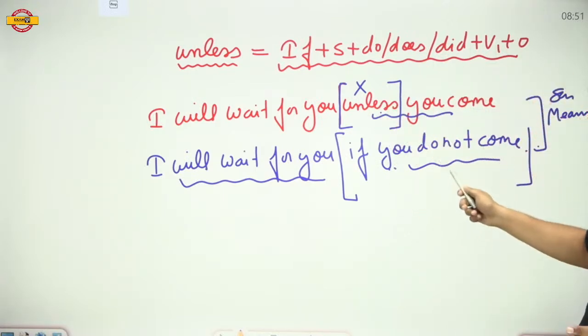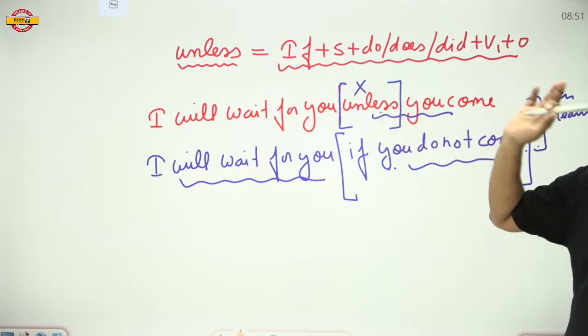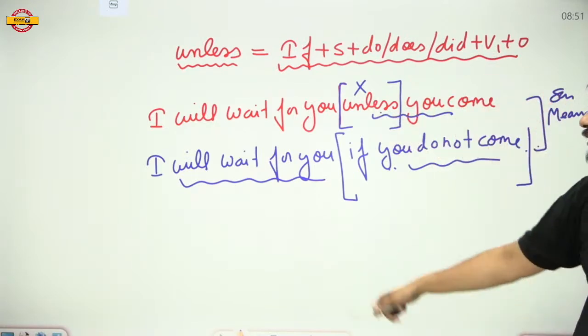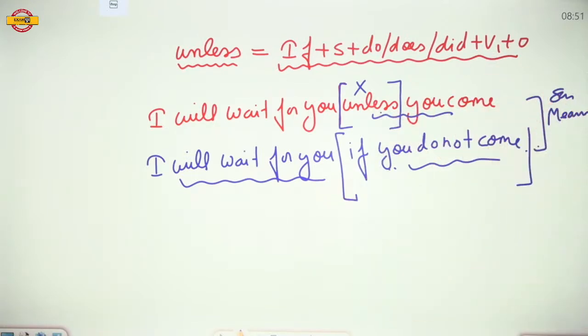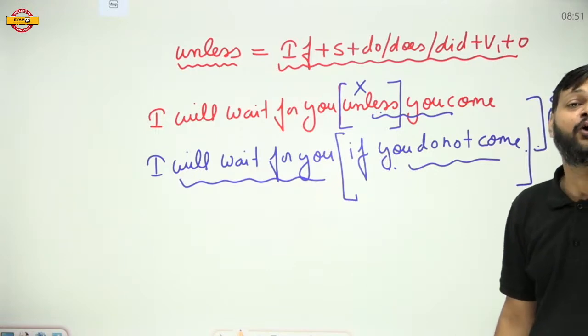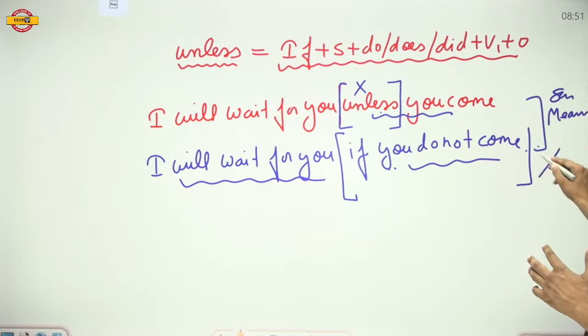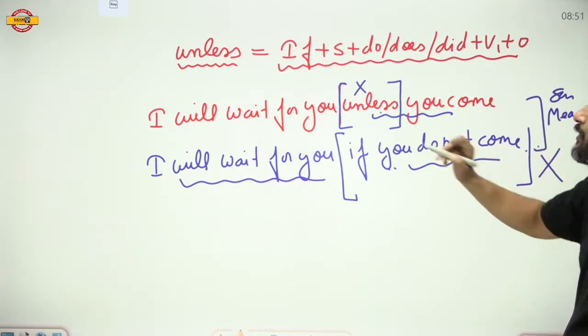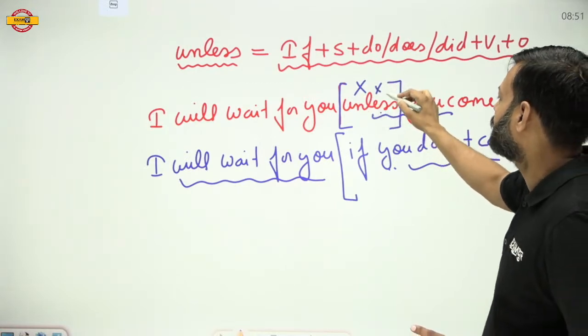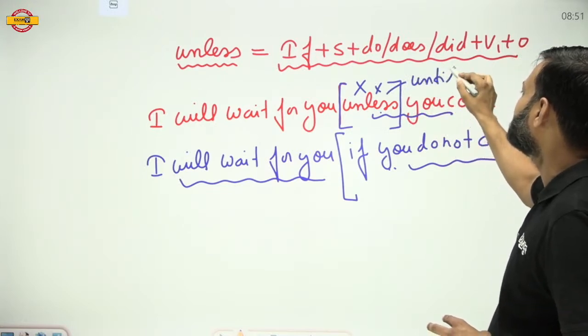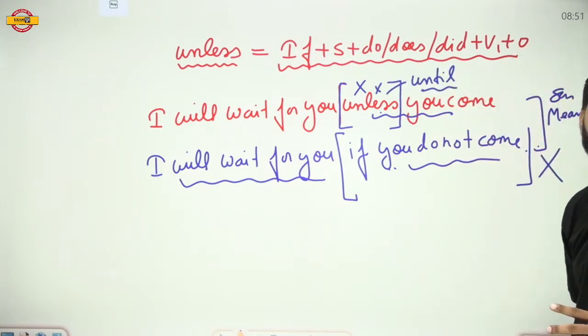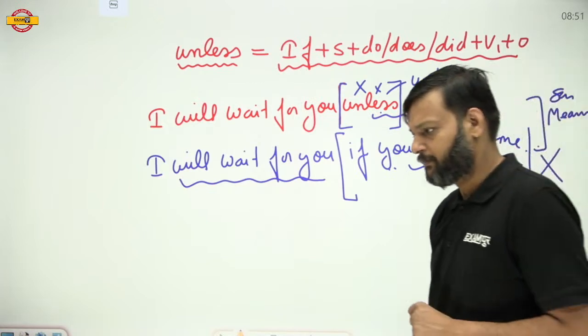But the second sentence says, I will wait for you if you do not come. How can I wait for someone if they do not come? This sentence is absolutely wrong. If it is wrong, the use of unless is also wrong. So here in place of unless, we need until.